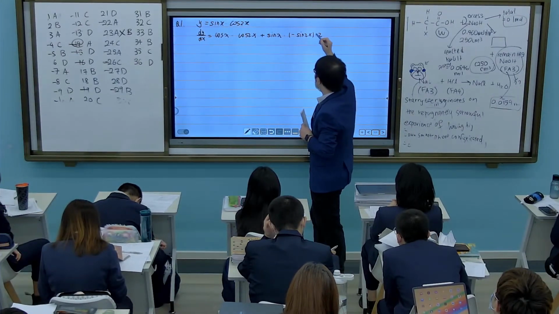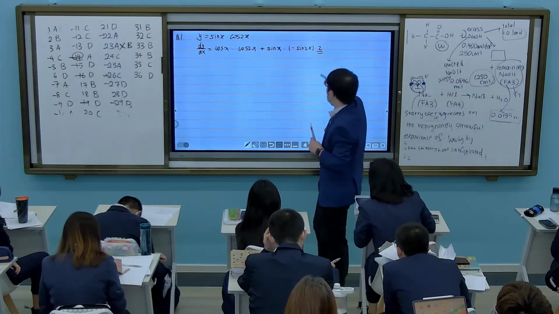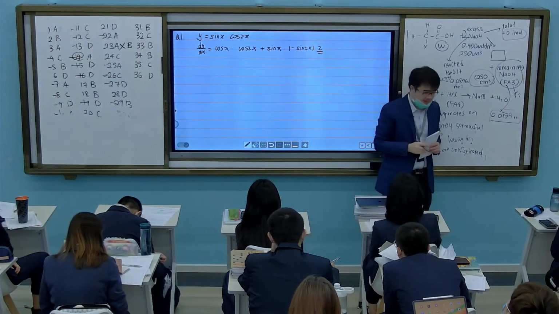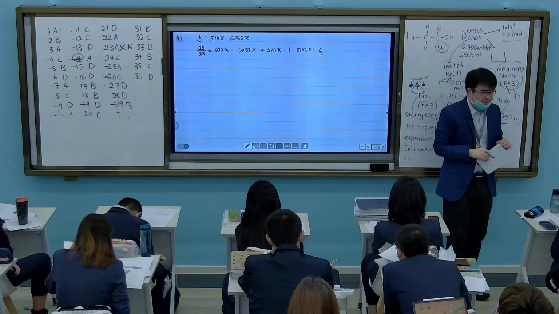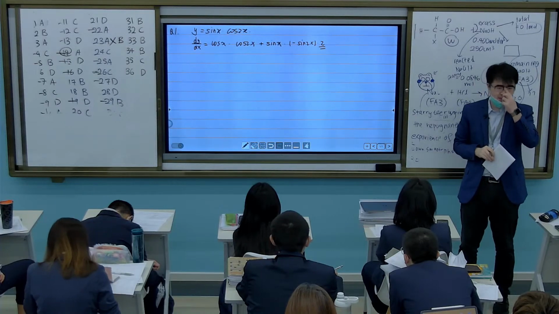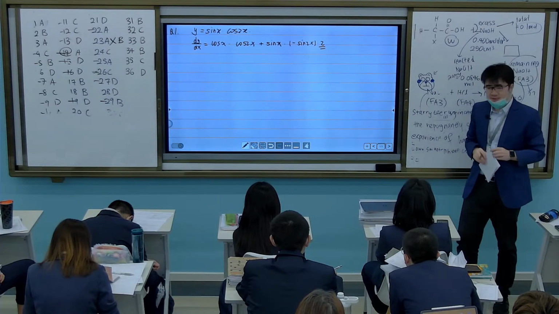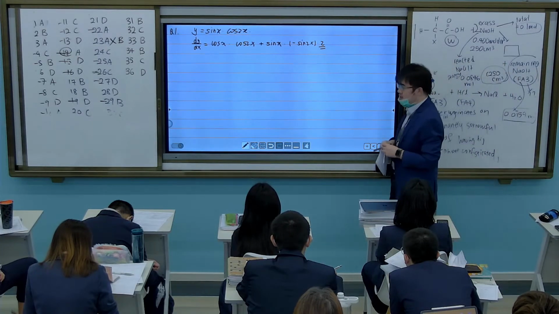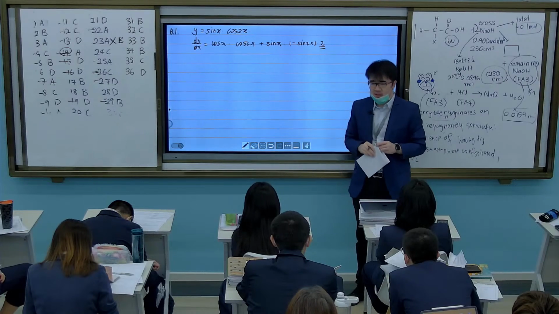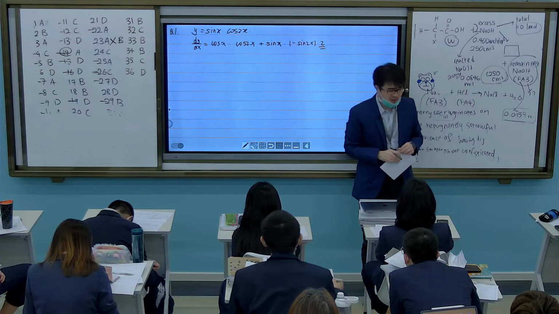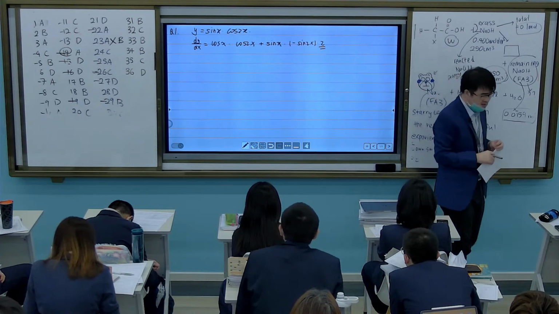But please remember that this is the 2 after the sine. The 2 is from the differentiation of the 2x. So this is the result from the differentiation.